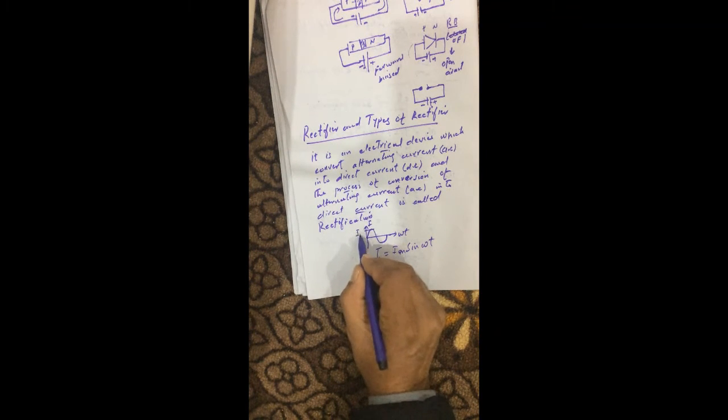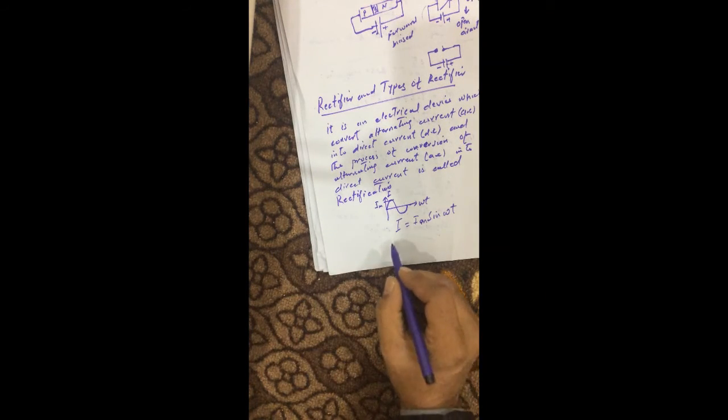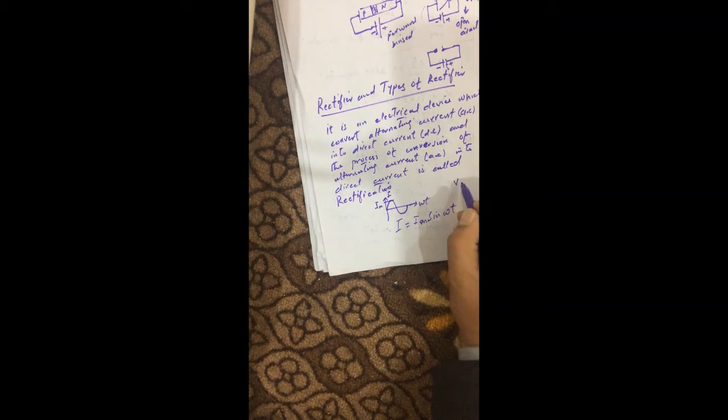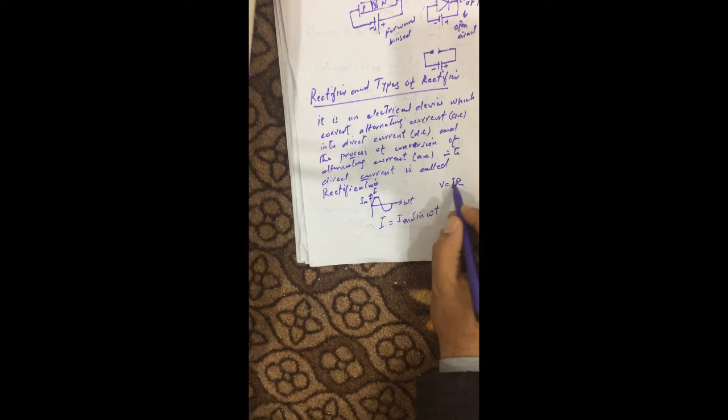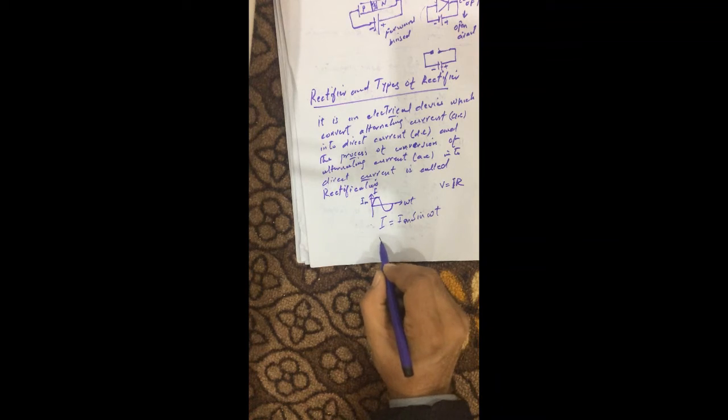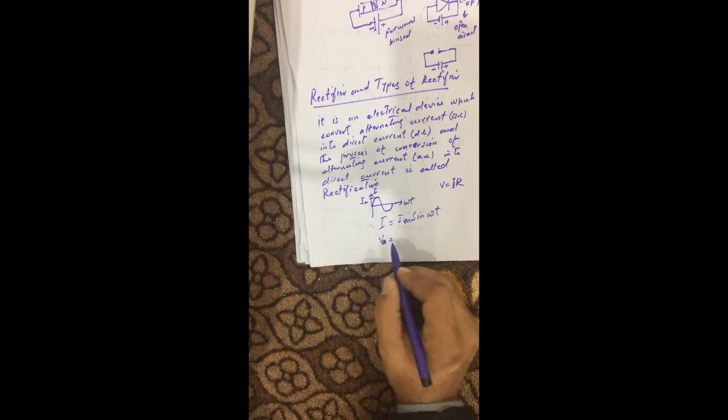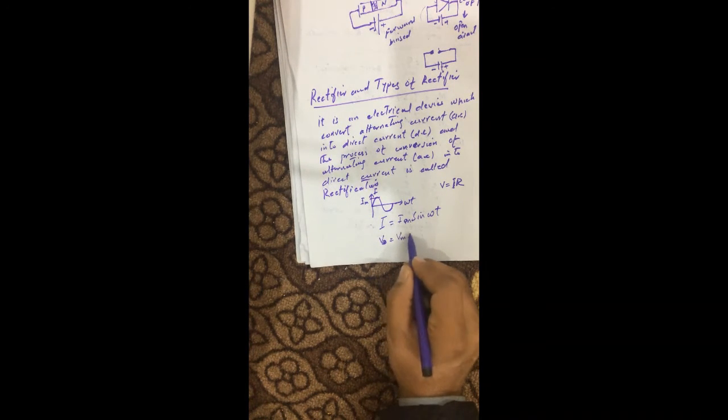This is the Im. If we represent the corresponding voltage, because we have V is equal to IR according to Ohm's law, V is related to I by this relation. So V can also be written as V is equal to Vm sine omega t.